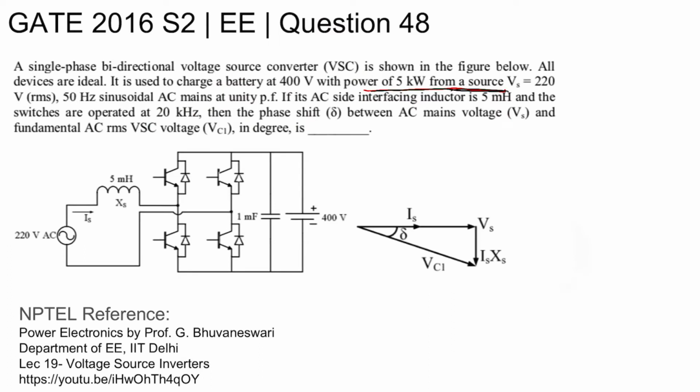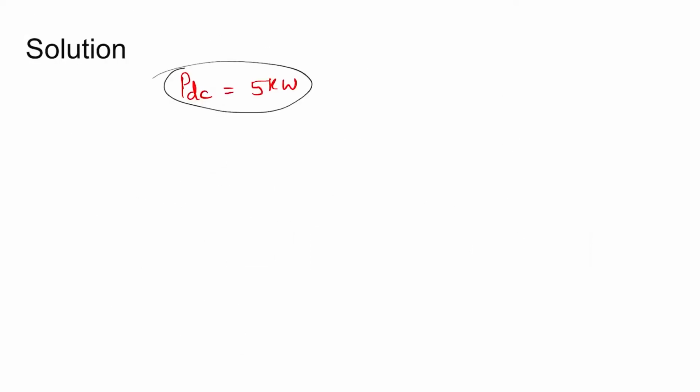is drawn from the source, and this is 220 volt RMS. Now power factor is given as unity, so PDC is 5 kilowatts. Now the AC power needs to be calculated, which is PAC, given by VRMS fundamental into IRMS fundamental into cos theta.